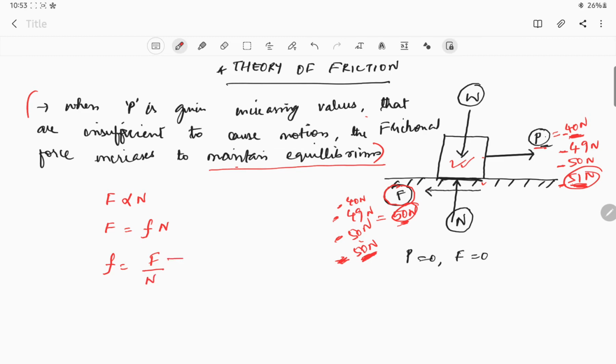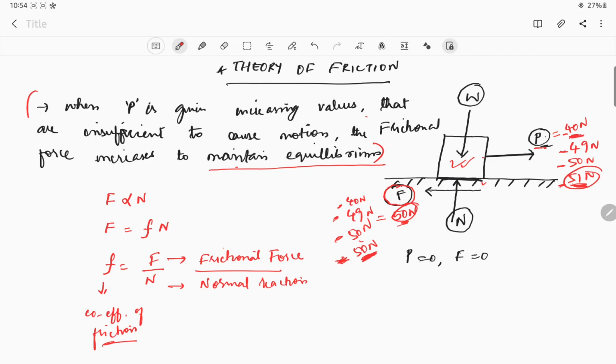What is this F? F is the frictional force, and N is the normal reaction, and this we say is the coefficient of friction.